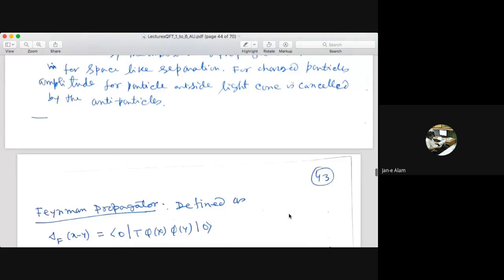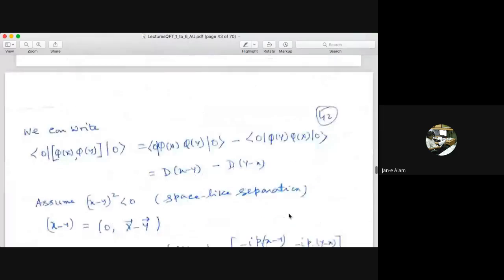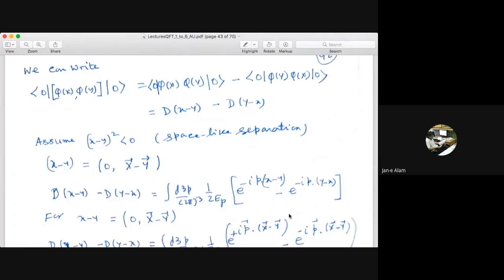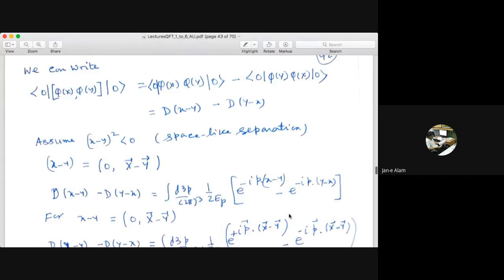Let me recapitulate very quickly what we have done yesterday. We calculated the propagation amplitude for a particle going from y to x, D(x minus y), and the other from x to y.